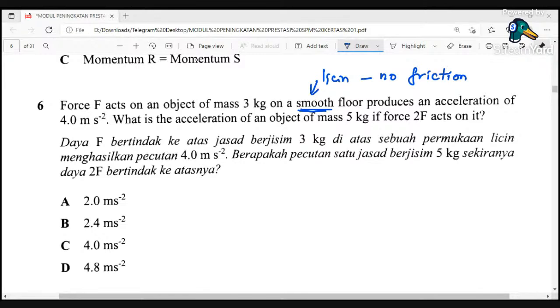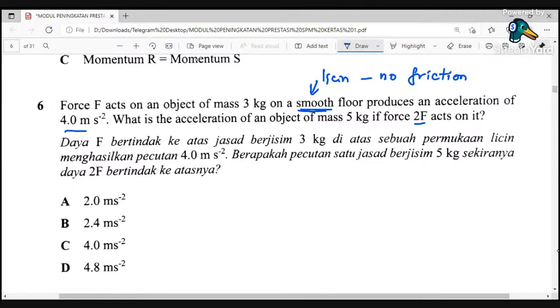Ya, do you look. Apa tu? Ini ialah Kedah. Okay, what is the acceleration of an object of mass 5 kg if force 2Fx acts on it?